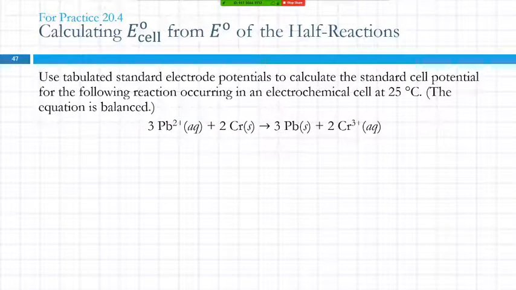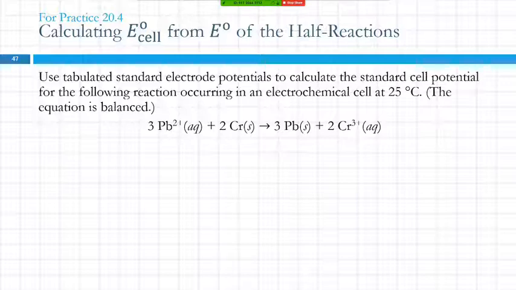Okay, so let's try one. Use tabulated standard electrode potentials to calculate the standard cell potential for the following reaction occurring in an electrochemical cell at 25 degrees Celsius. The equation is balanced. So we need to identify the two half reactions.